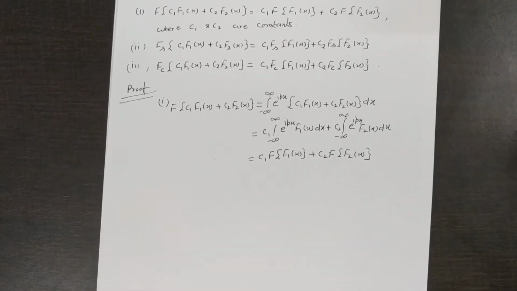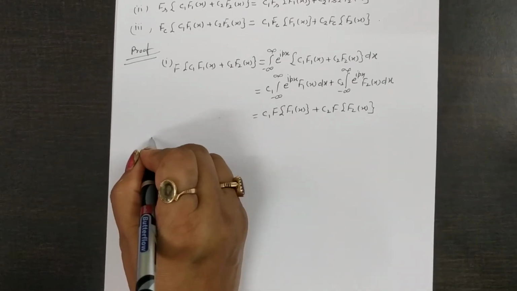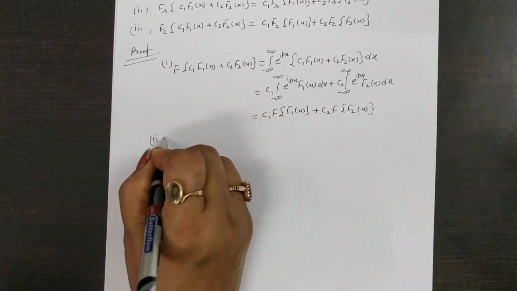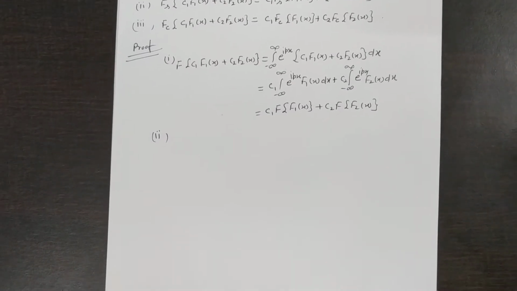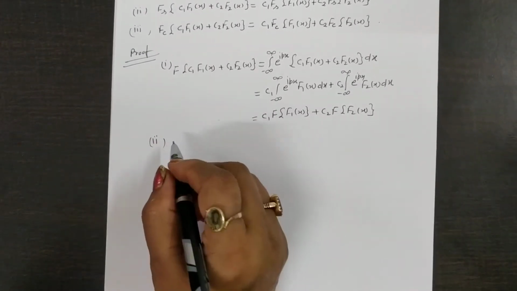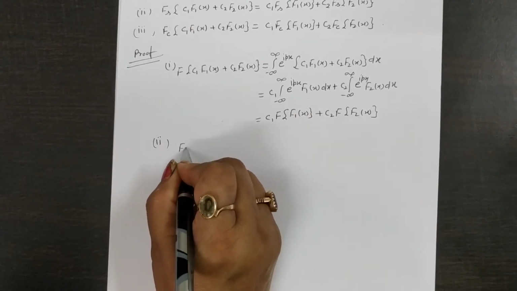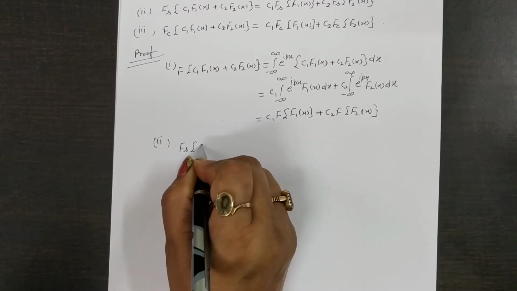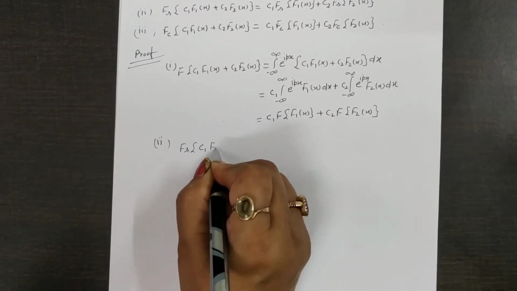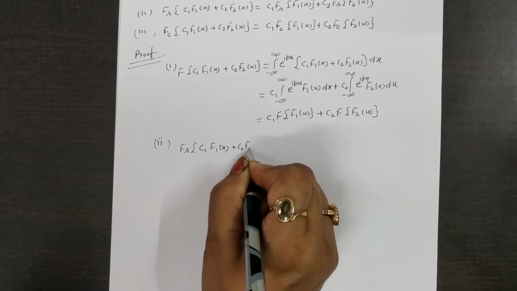Similarly, we prove the second property. From this property, we take the LHS, that is F_s[c1 f1(x) + c2 f2(x)].